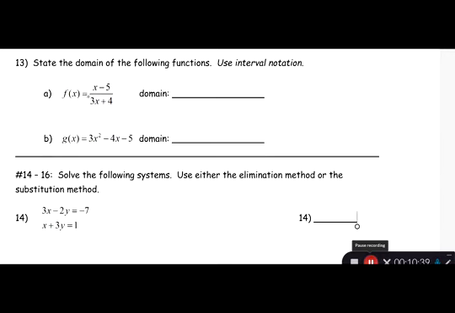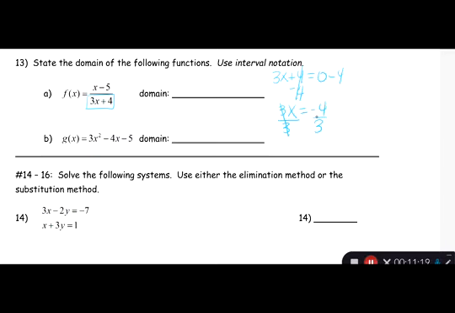So I want to look at this denominator and say, when would this equal 0? For what x would 3x plus 4 equal 0? And I solve, minus 4. 3x equals a negative 4. Divide by 3.